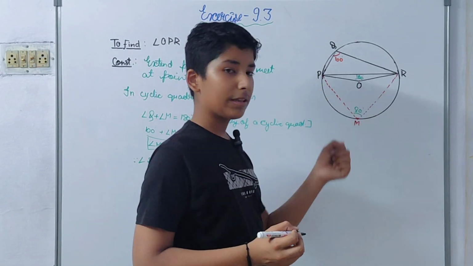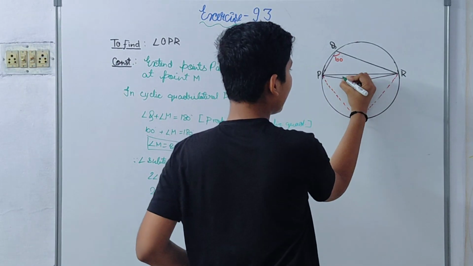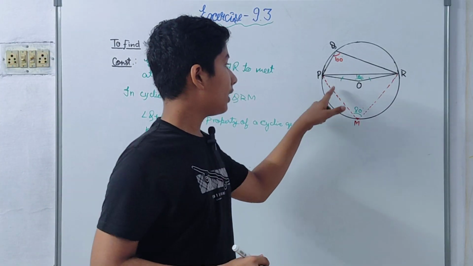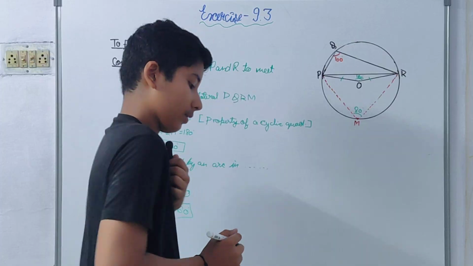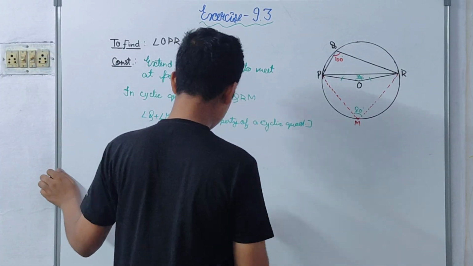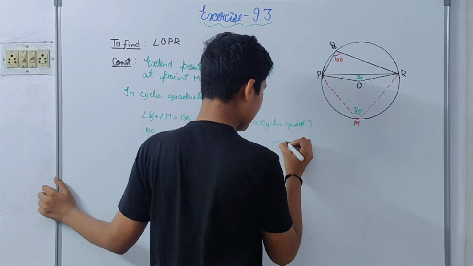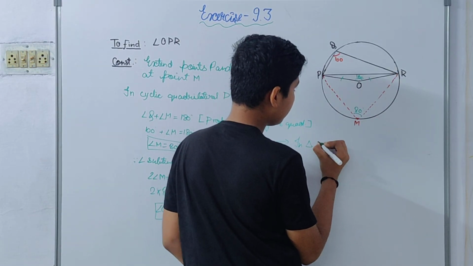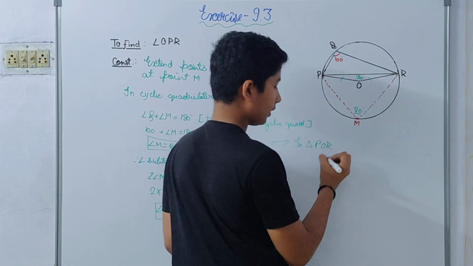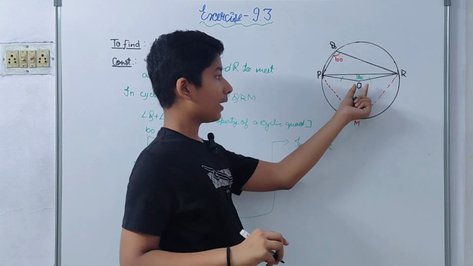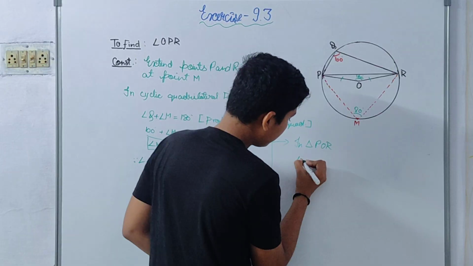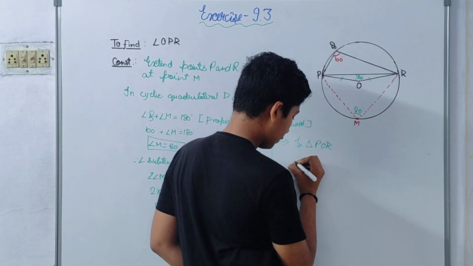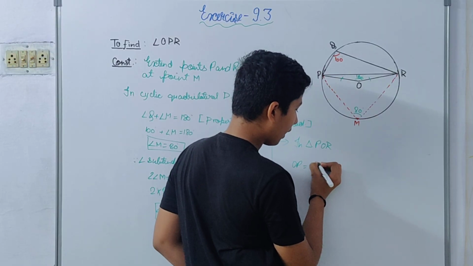Since this is 160 degrees and OP and OR are equal to each other. How are they equal? First of all, they are equal as both of them are radius. Now in triangle POR, side OP equal to side OR.